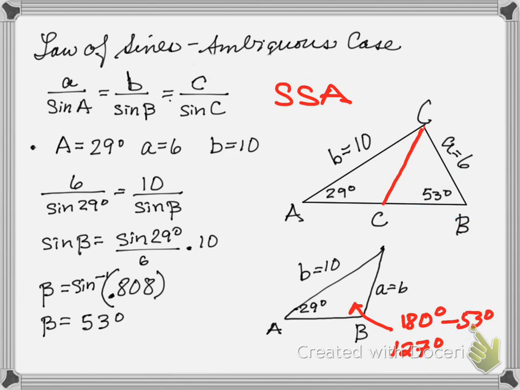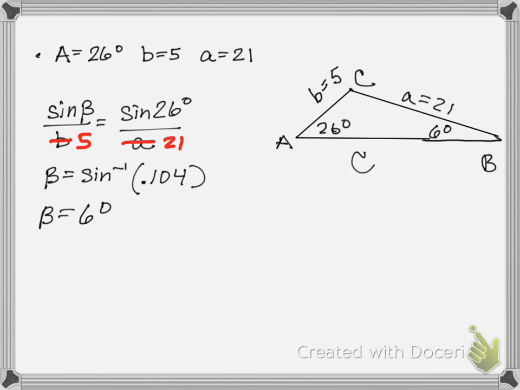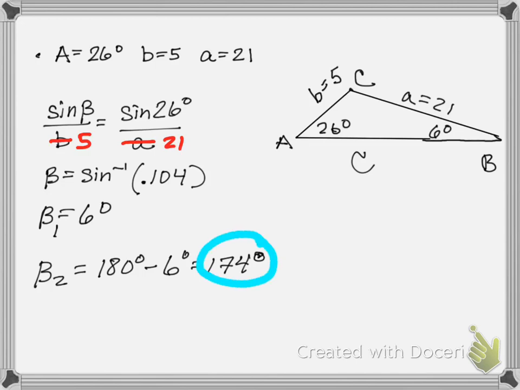So if we try to do that here, and I'm trying to do some other triangle, let's call this B1 for the first triangle. Now say I'm going to do B2, and B2 is supposed to be 180 degrees minus 6 degrees, which would be equal to 174 degrees. So now look at that, 174 degrees for some other angle B in the ambiguous case.